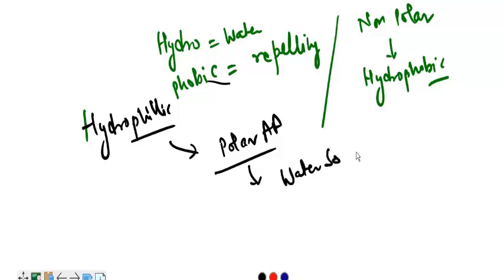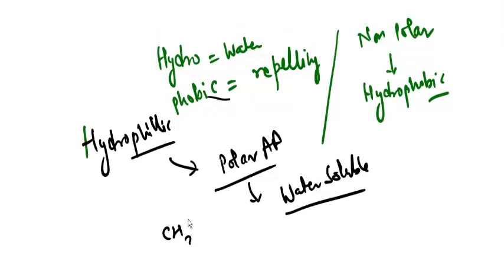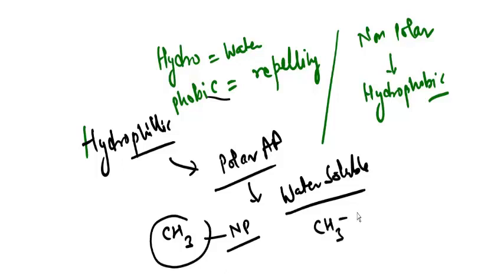Water soluble. So CH3 is the aliphatic group. Is CH3 polar or non-polar? This is non-polar. But if I attach any functional group like COOH, then it will be polar.